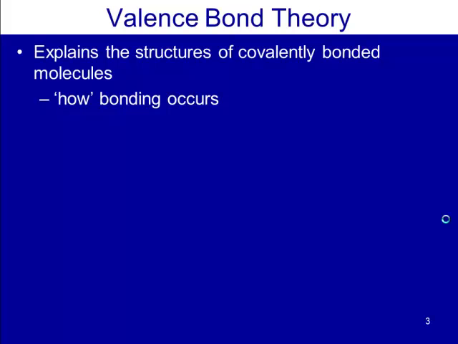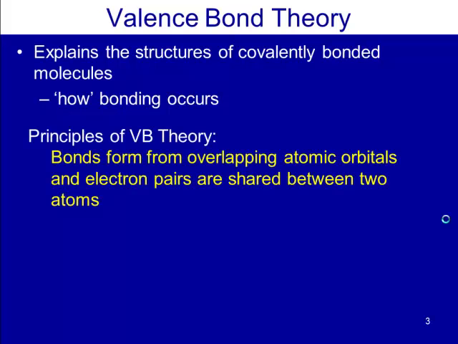Here's the brief rundown for the valence bond theory. It explains how those bonds are formed. And just to reiterate, the principle of the valence bond theory is that we first have to have atomic orbitals overlapping. Remember Schrodinger's quantum mechanical model of atoms: the electrons surrounding the nucleus are situated in three-dimensional regions we call orbitals.